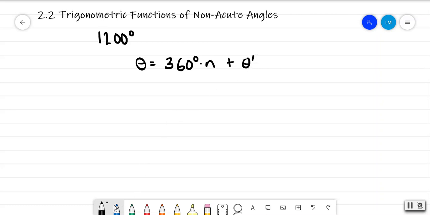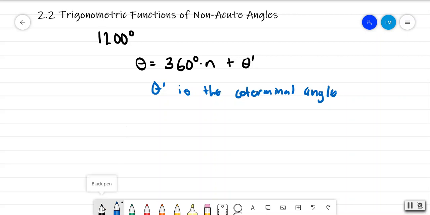Now in this case, theta prime is the coterminal angle. However, now we want to also find what is called the reference angle.